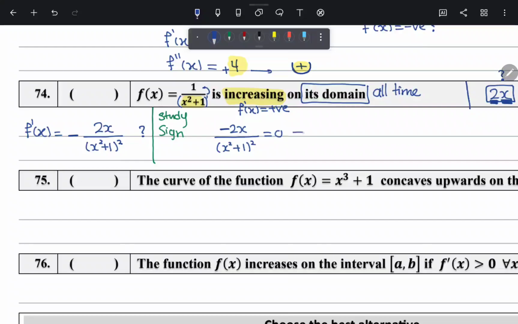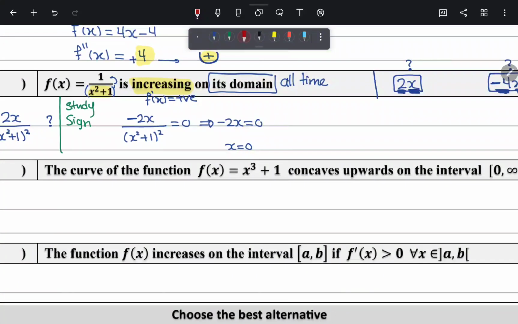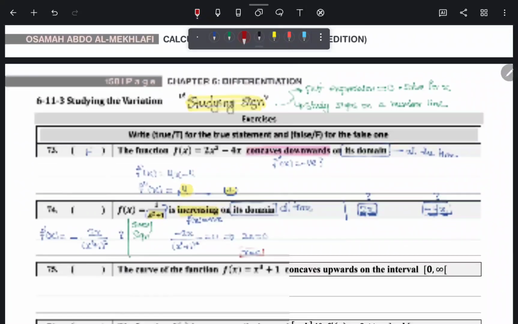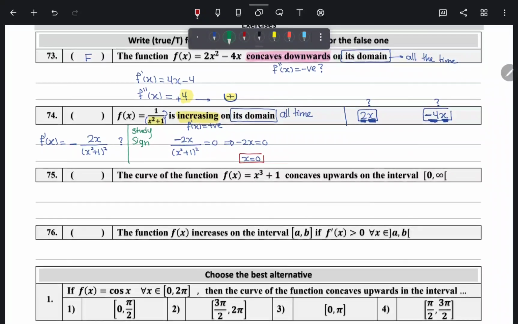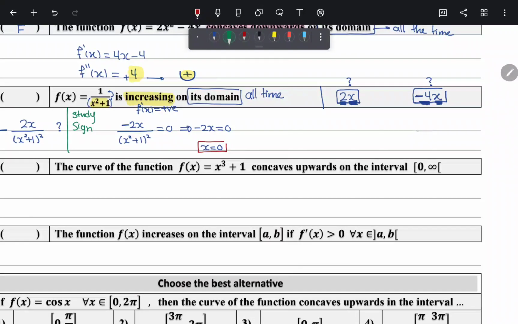Cross multiply, so negative 2x is equal to 0. Divide by negative 2, so x is equal to 0. We found the value for x, right? What is that value? 0. Now what do we do? We study the signs on a number line. How do we do that? We draw a number line. Okay.